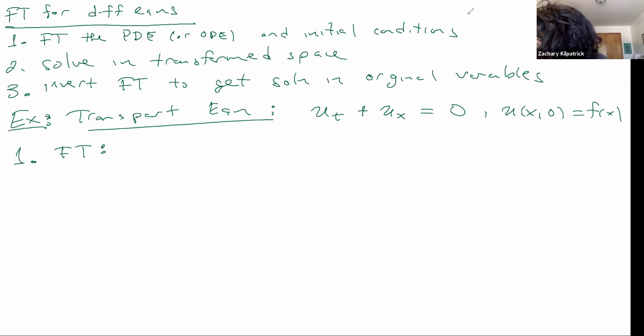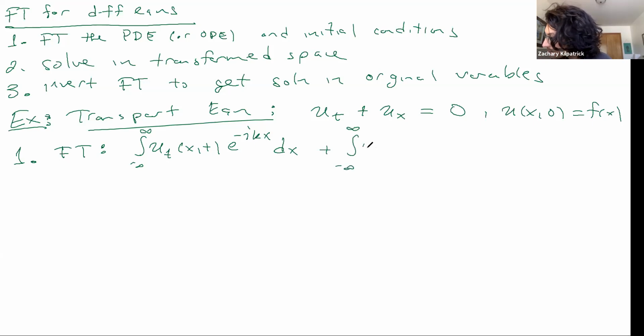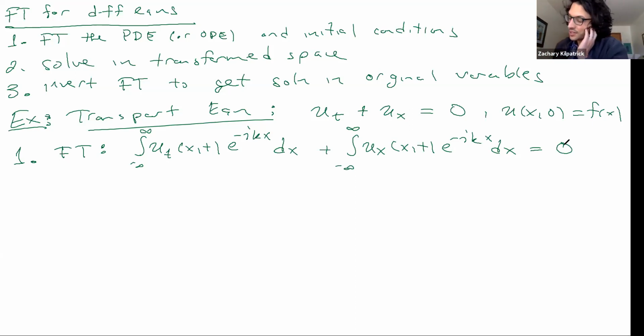So the first step is to Fourier transform the entire PDE. If I take my PDE and compute the Fourier transform, that would be the integral from minus infinity to infinity of u sub x e to the minus ikx dx, plus the integral from minus infinity to infinity of u sub t e to the minus ikx dx, equals 0, because the integral of the right-hand side is just going to be 0.